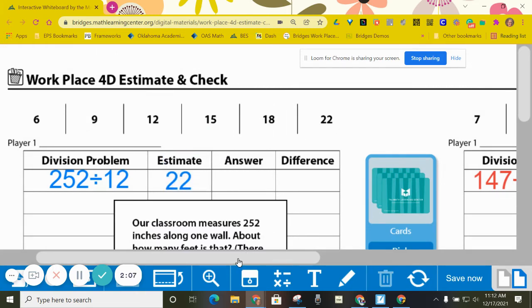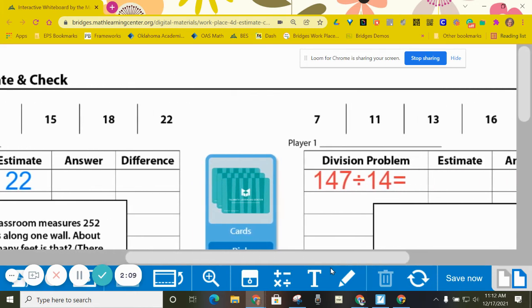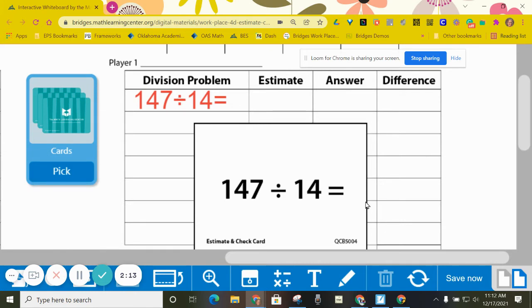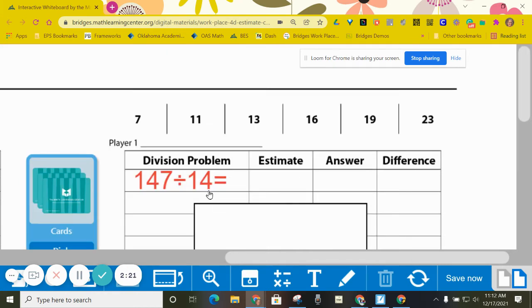All right, now we go over to player 2. Player 2, I've already drawn a card for you. And this card is 147 divided by 14, which I've recorded up here. Again, I have to choose from the 6 estimates that are just above where I'm recording my work.